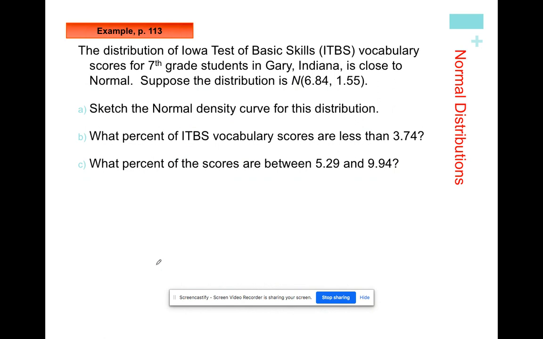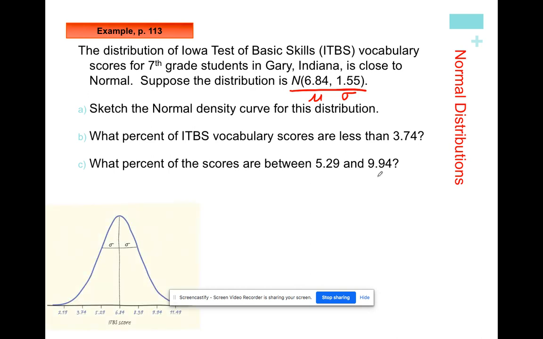So here we're going to look at an example, and you see that we do have that normal notation here, so mu and sigma. We're going to sketch that density curve, and then we're going to use it to answer some questions. So what percent are less than a certain value or between certain values? When we sketch the distribution, we draw ourselves a symmetric bell-shaped curve. We put the mean in the middle here, so 6.84, and then we just count up by multiples of the standard deviation.